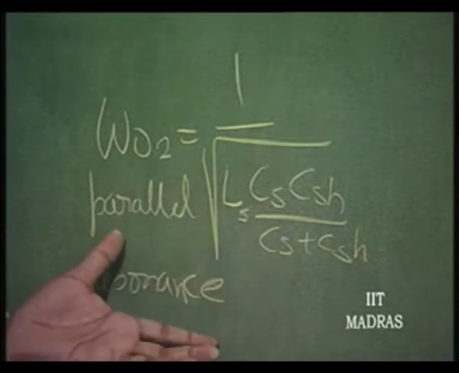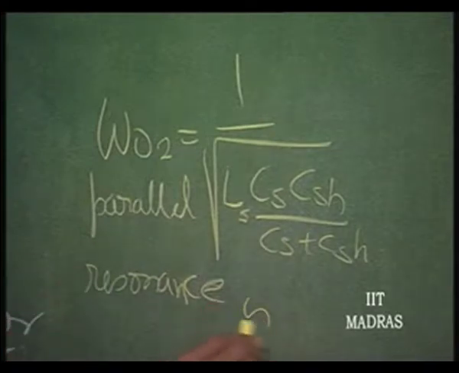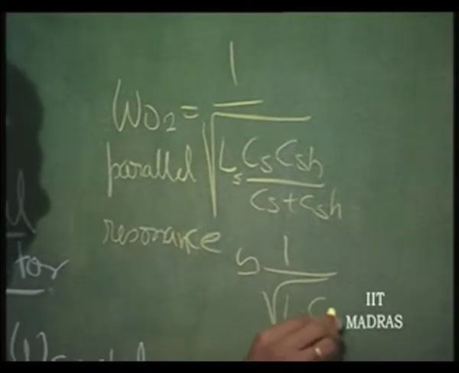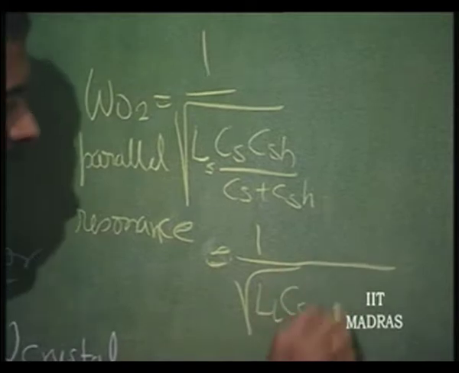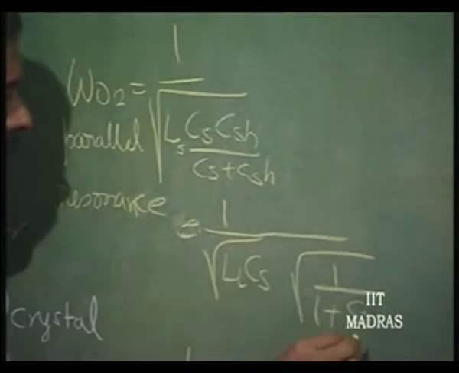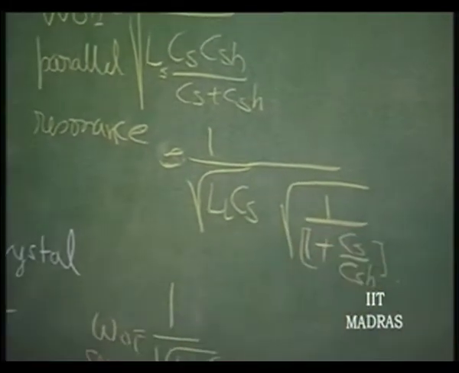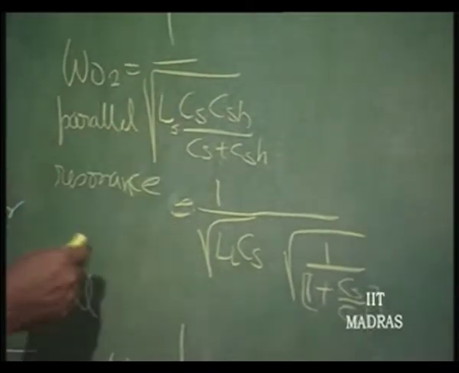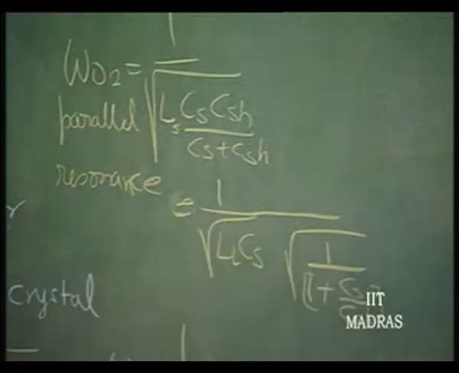It can be seen that this is very nearly equal to 1 over root Ls Cs, primarily because you can take Ls Cs out, and then the root of 1 by 1 plus Cs by C shunt remains.